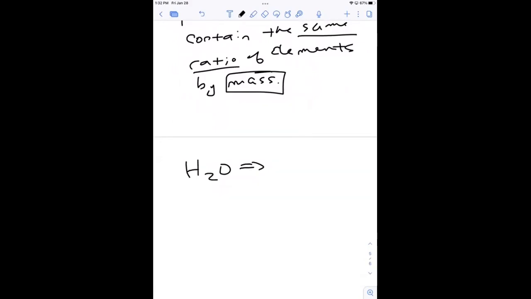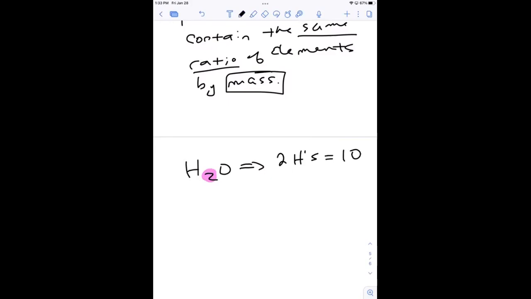How many hydrogens are present? 2. 2 hydrogens. 2 to 1. Excellent. So I have two hydrogens to 1 oxygen.